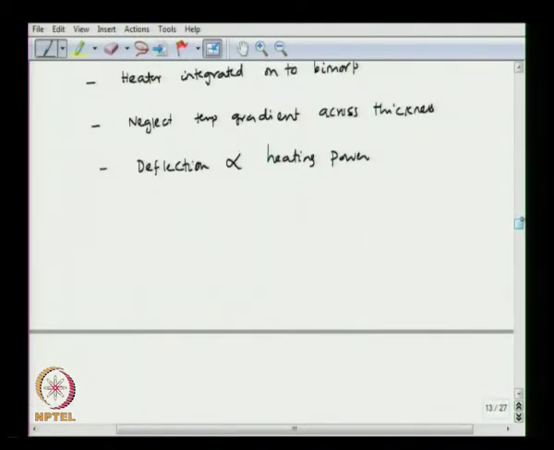So, we can write the force would be proportional to the thermal expansion coefficient.